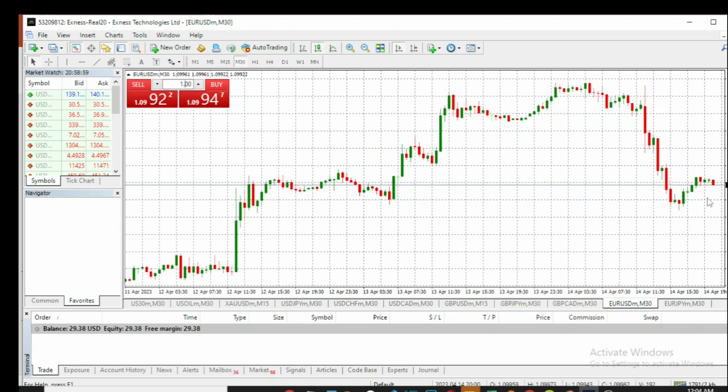See where you want to put the stop loss, see how many pips you're going to lose, and see the lot size. You already know that if I'm trading one lot, 1 pip I'll be losing or gaining $10. If I'm trading a mini lot, 1 pip movement will be $1. If I'm trading a micro lot, 1 pip will be $0.10. So that's it, guys. This is where you place your trades from.